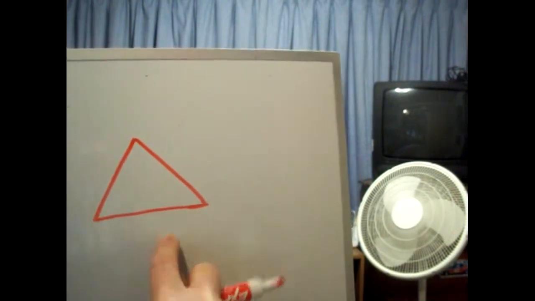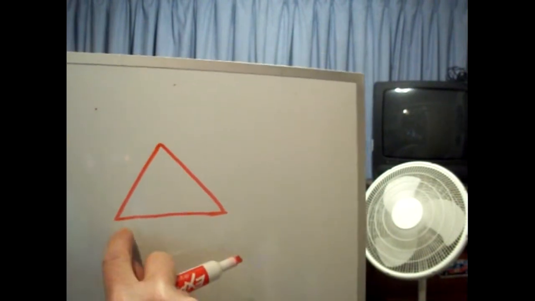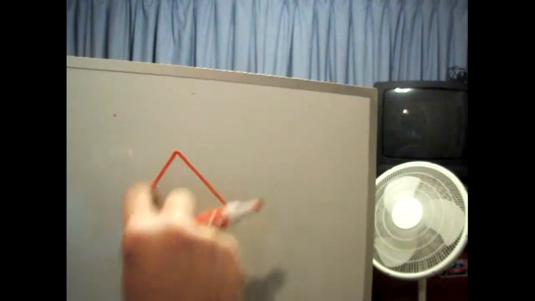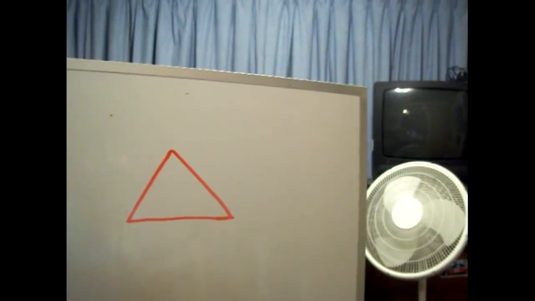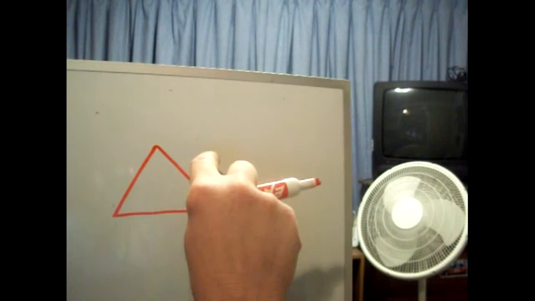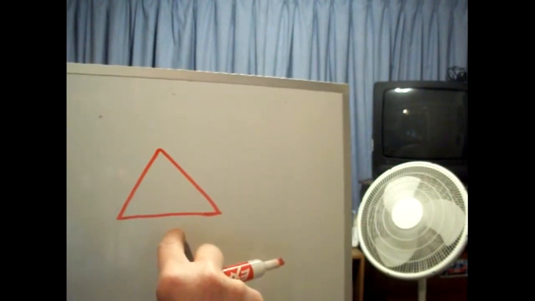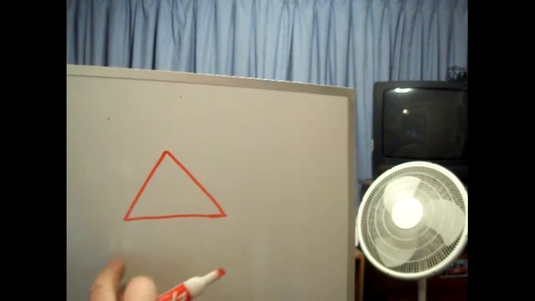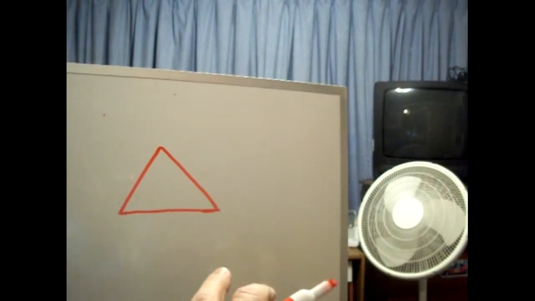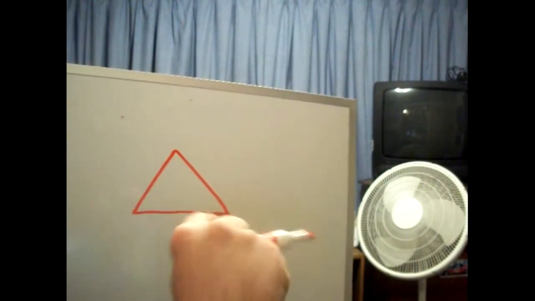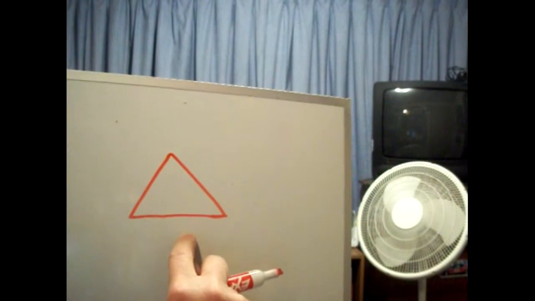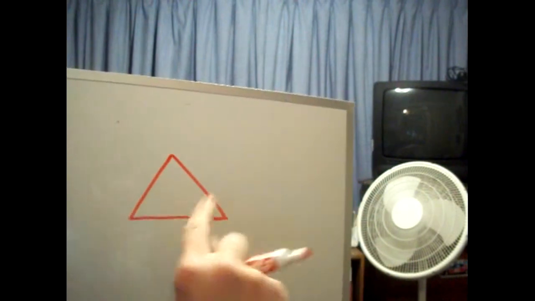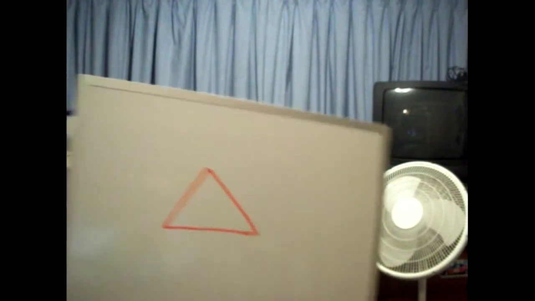It is an equilateral triangle. That means that the lengths of all three sides are exactly the same. So this would be 1 inch, 1 inch, 1 inch. Or 2 inch, 2 inch, 2 inch. Doesn't matter. As long as each one of those sides are exactly the same size, then bam. There you go.